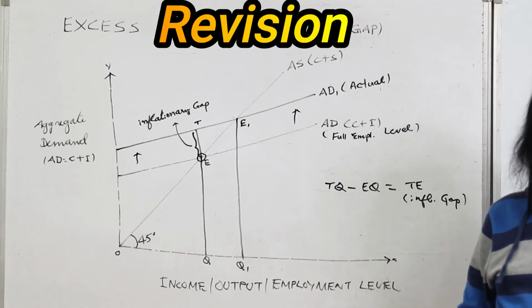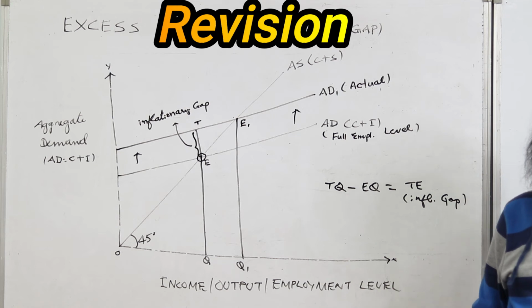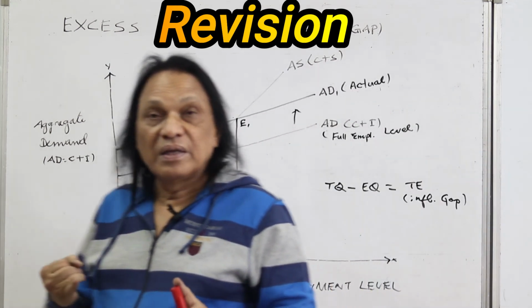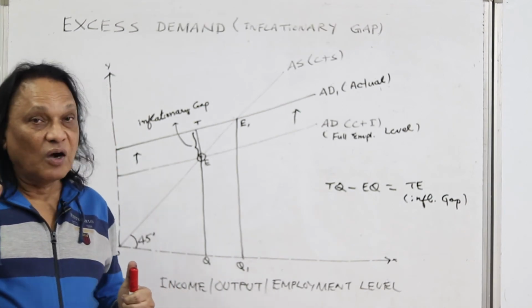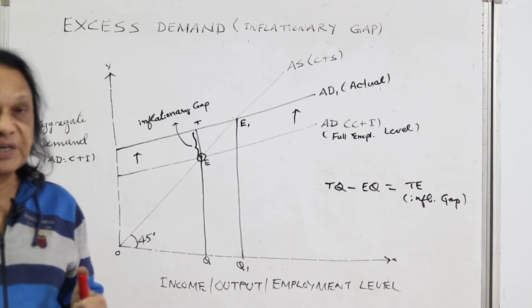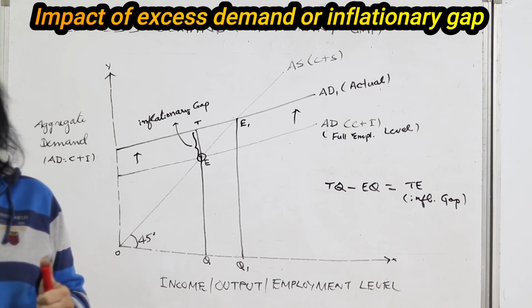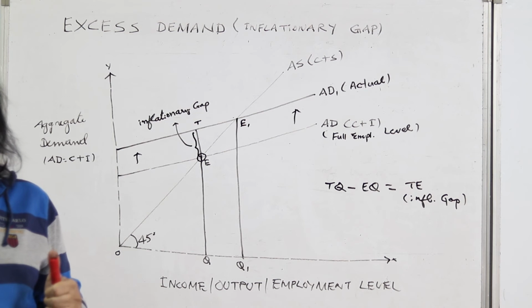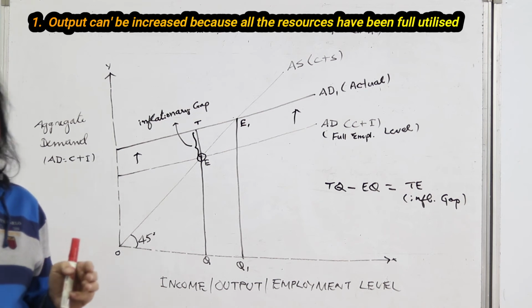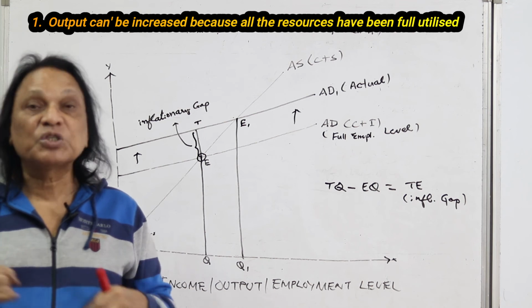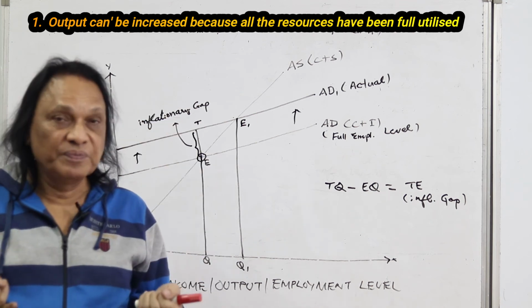What is the impact of inflationary gap or excess demand? Number one, output cannot be increased because of increase in aggregate demand. Why? Because in the economy, all the resources have been fully and efficiently utilized. There's no way we can increase the output.